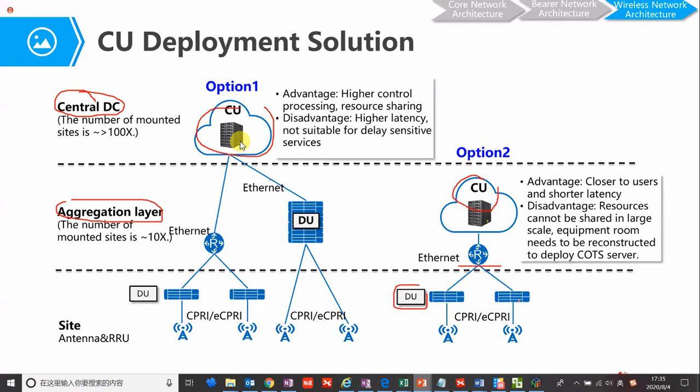So changing from one option to another is maybe difficult or needs some upgrading, because there are many connections between the central unit, aggregation layer and site, some point-to-point access and maybe wired cabling between different sectors.